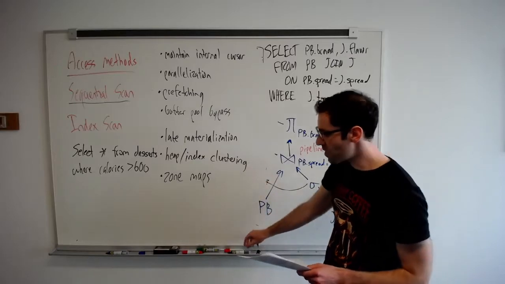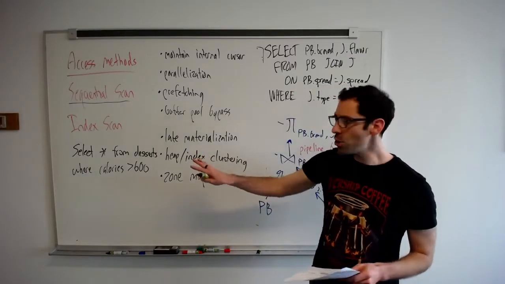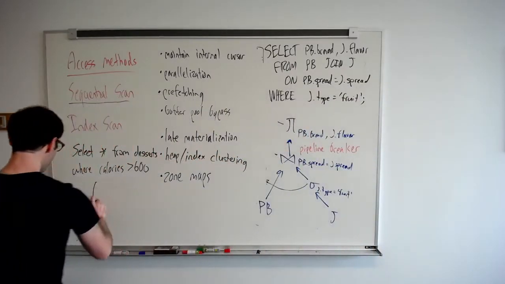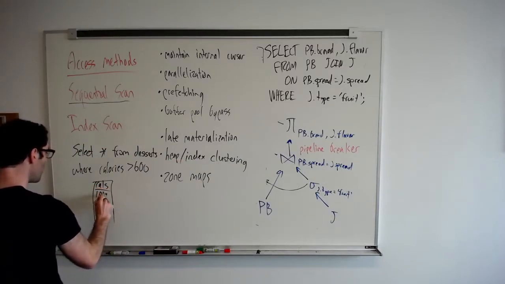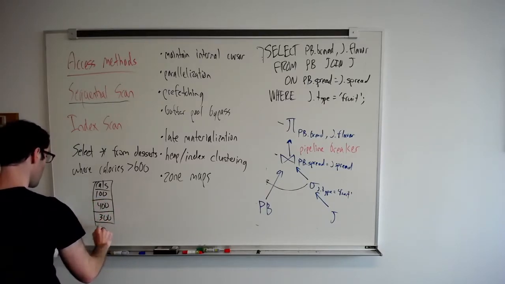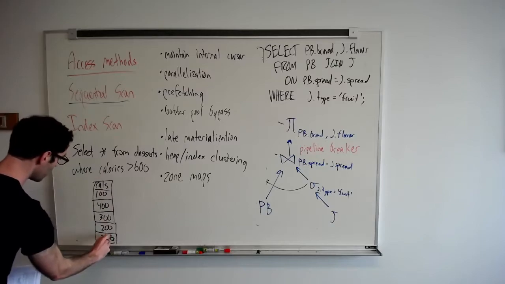And so let's say that some particular page of data in our heap file for calories has data that looks like this.